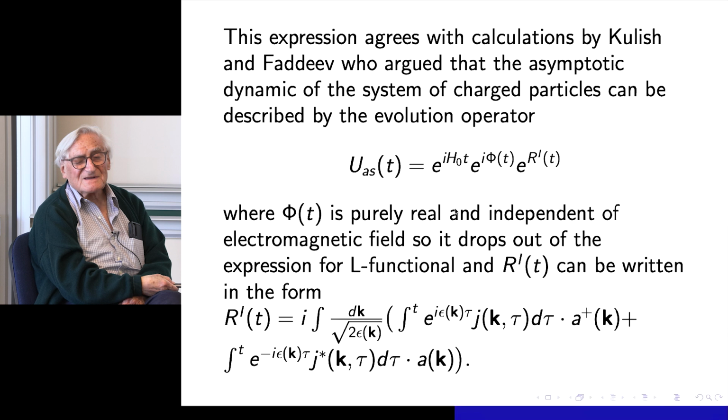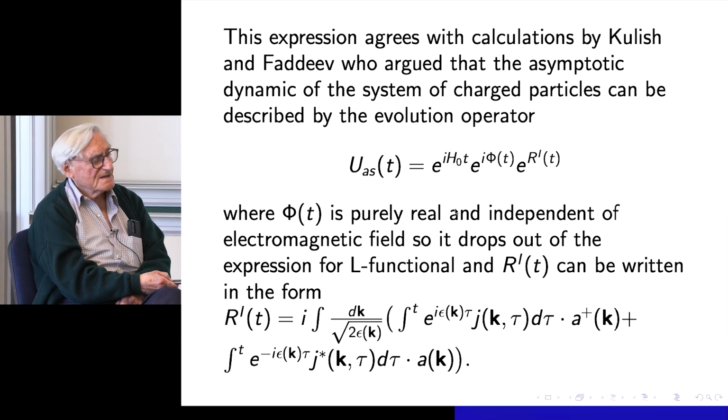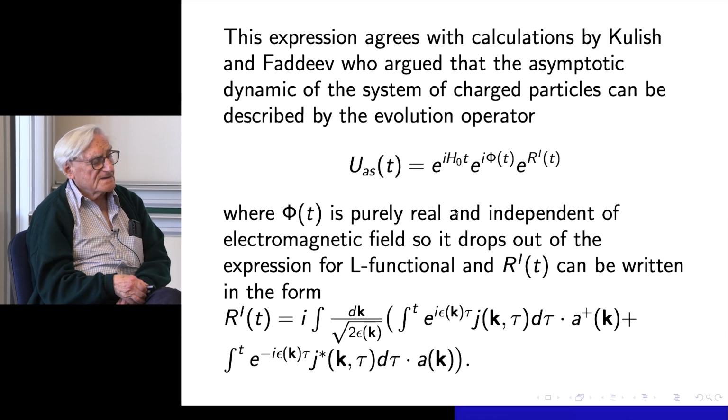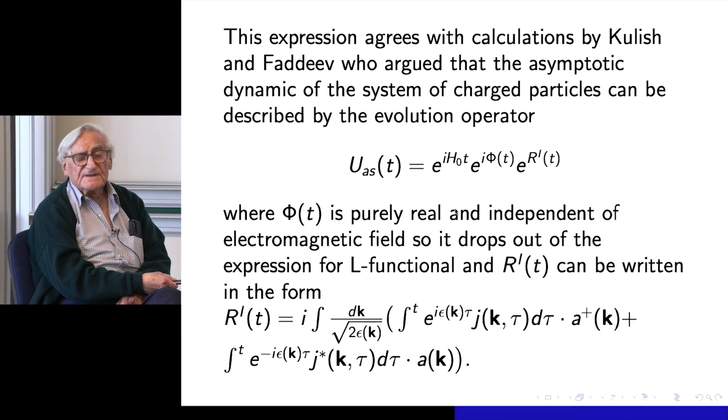So here, what I said is that the solution of this equation that is written here is consistent with the solution that was suggested by Kulish and Faddeev for this dressed electron.